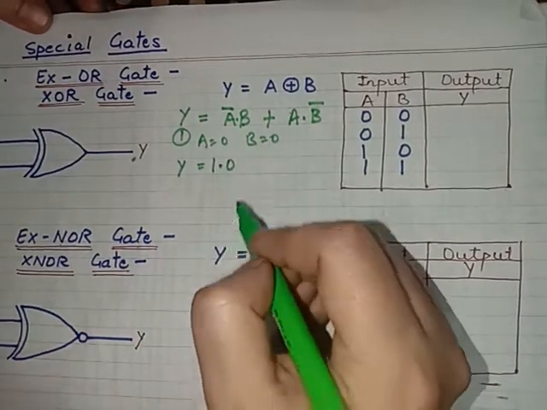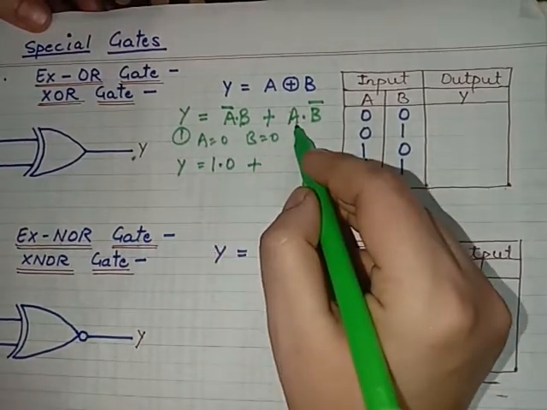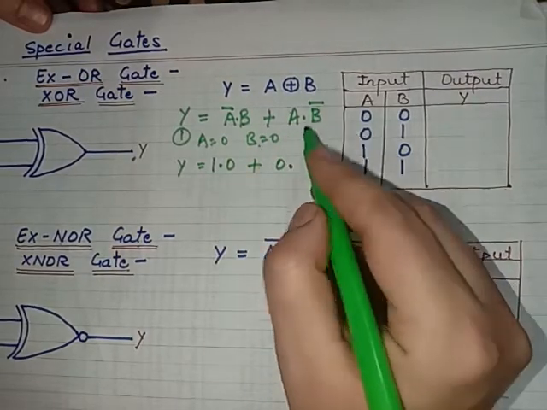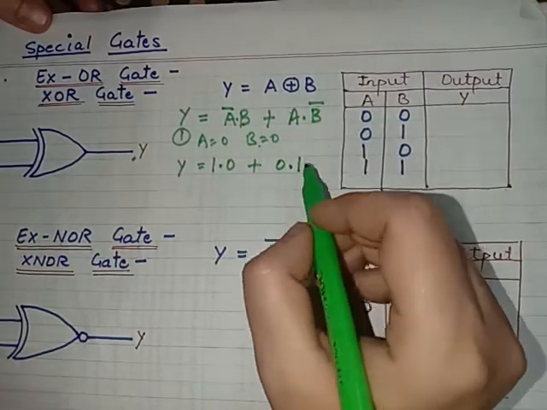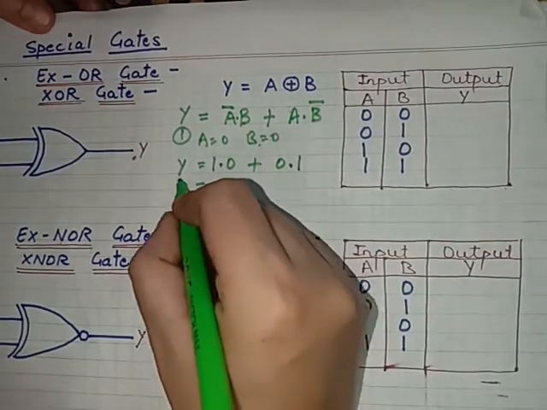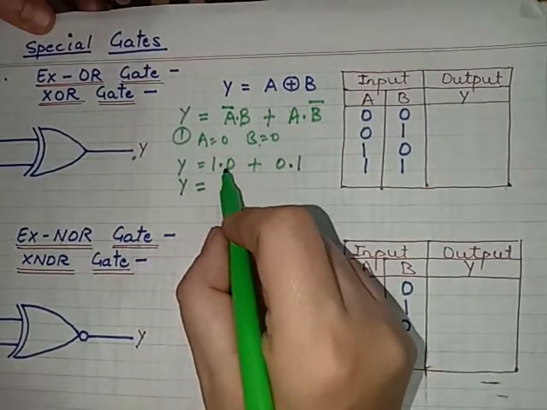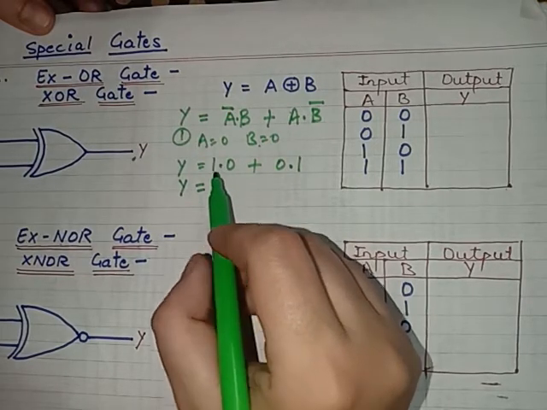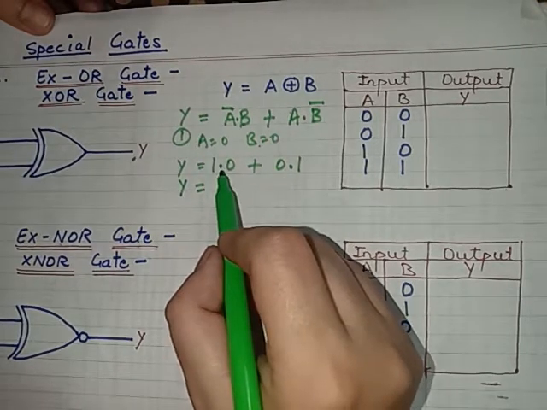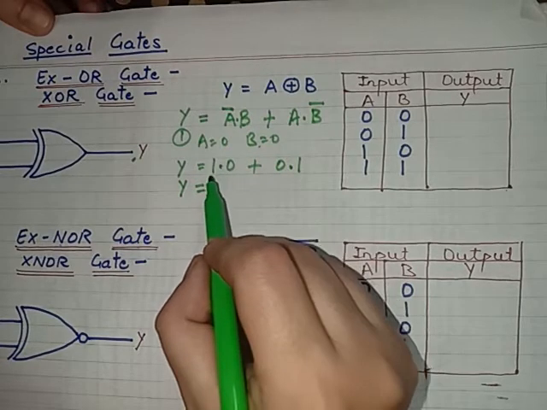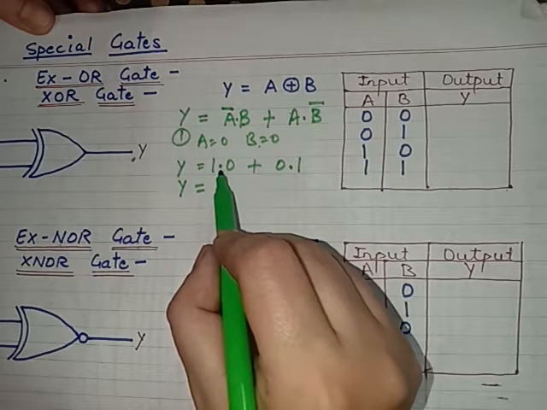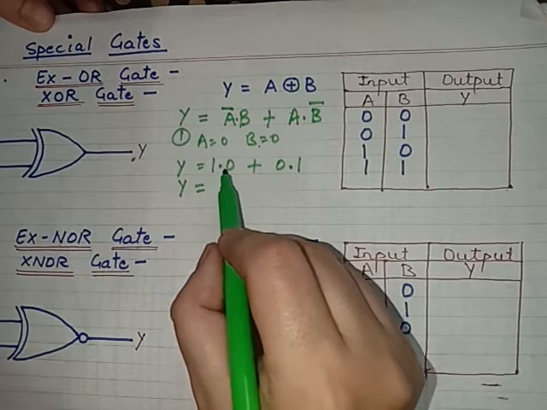Here we are taking this, plus A, A is 0, into B is 0, and B bar will be 1. Bar means complement, right? So here Y will be equal to A into B, like you are having A dot B, like 1 dot 0, that is a 1 and 0 operation.